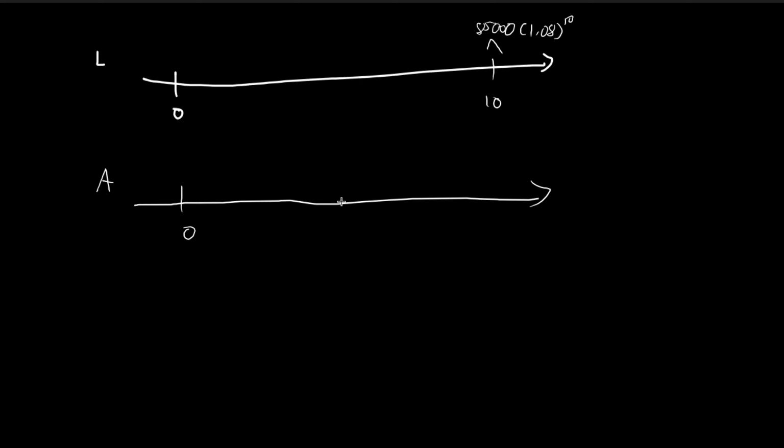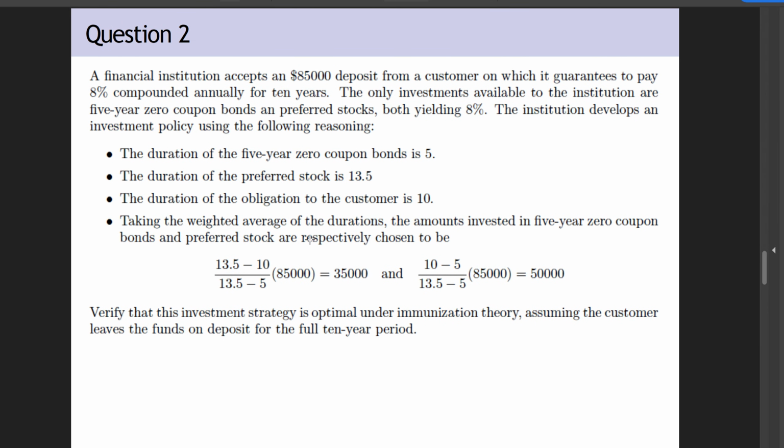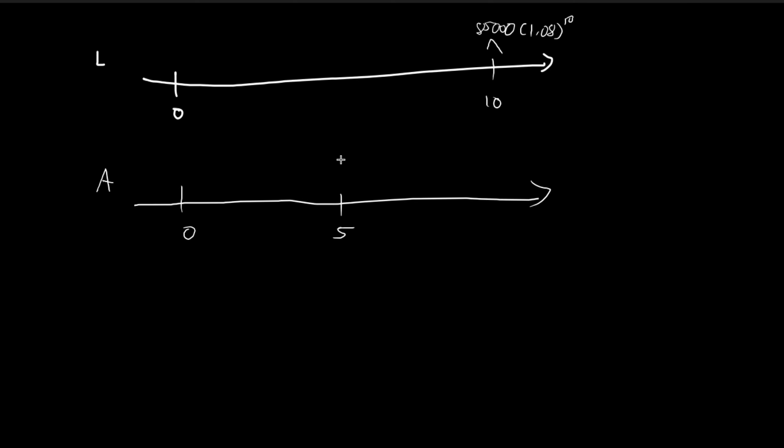We're going to have a zero coupon bond that is going to last for 5 years. And then we're putting in $35,000 for the zero coupon bond. So this is going to be a cash outflow. And over here, these are inflows. So for assets, they're inflows. For liabilities, they're outflows.